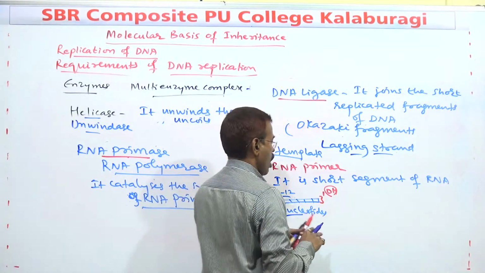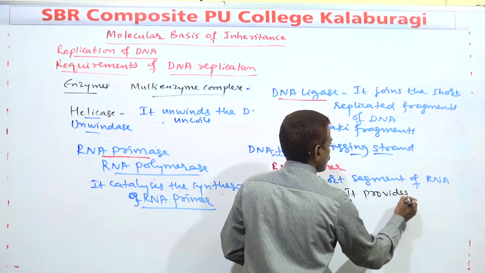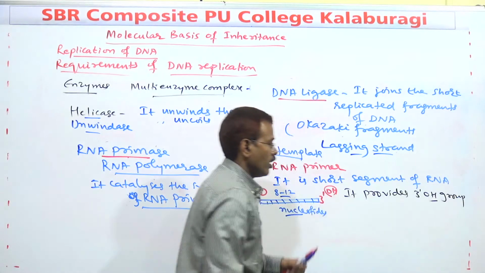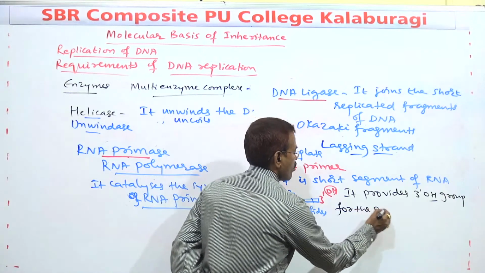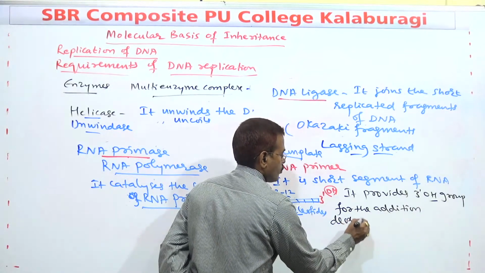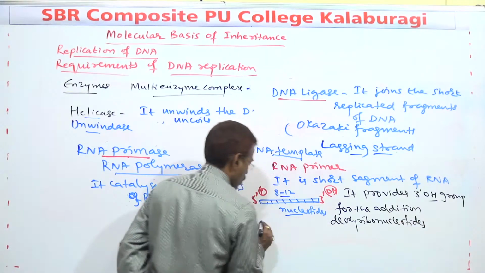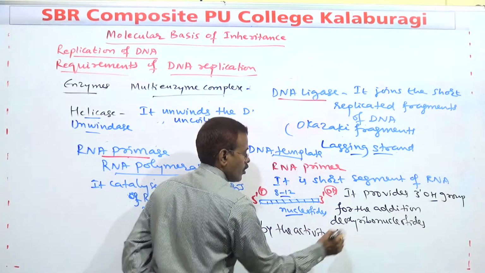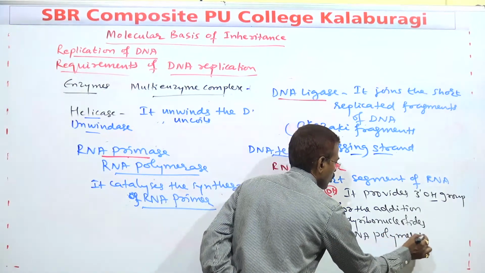So what is the role of this RNA primer? It provides 3' OH group for the addition of deoxyribonucleotides by the activity of DNA polymerase 3.